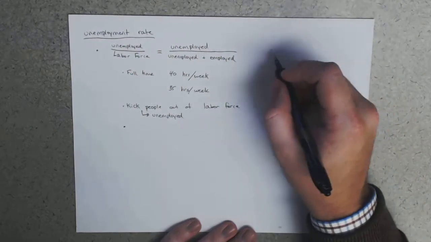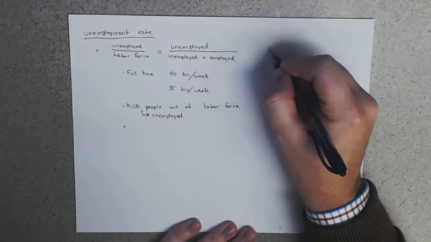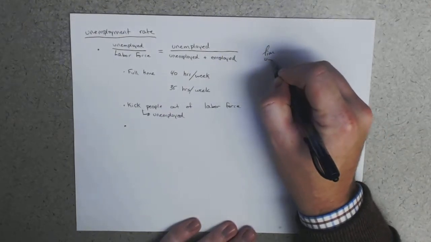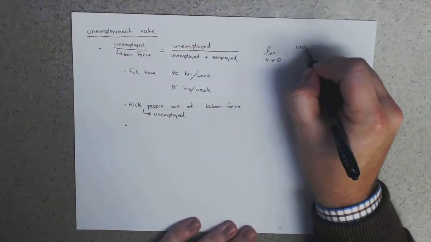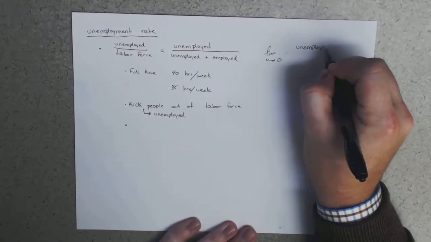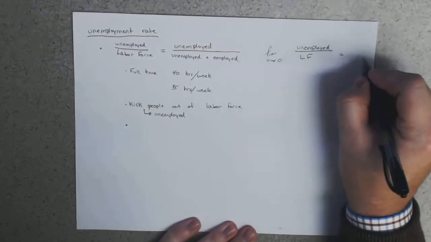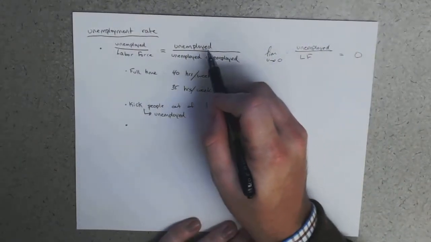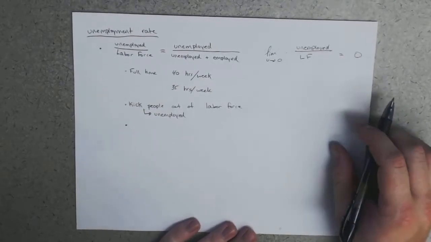And if you remember your limit definitions, the limit as unemployed approaches 0 of the unemployment rate, I'll just abbreviate labor force, is going to be equal to 0, right? So if I literally just kill all the unemployed people, the unemployment rate will go to zero, right?